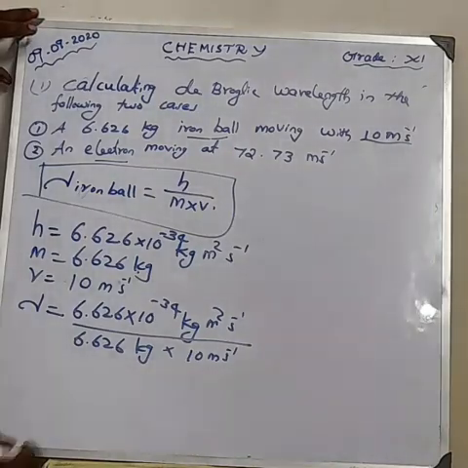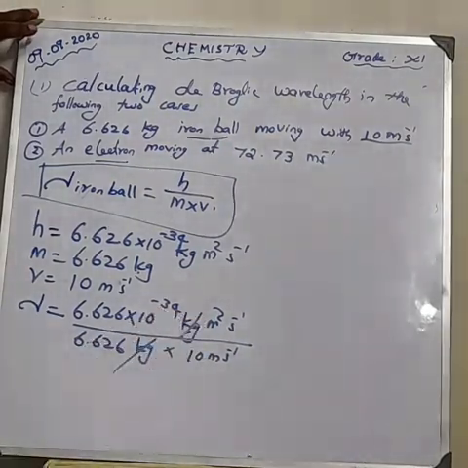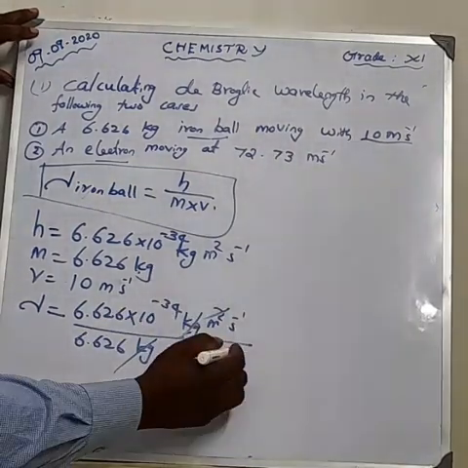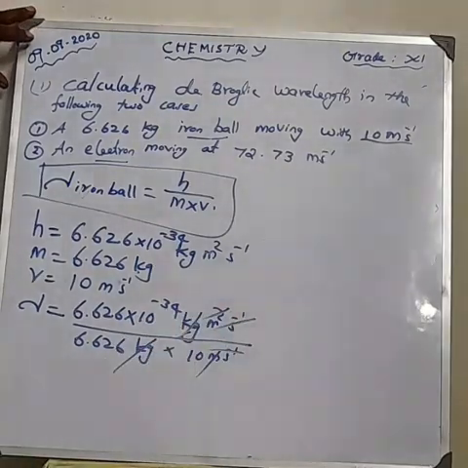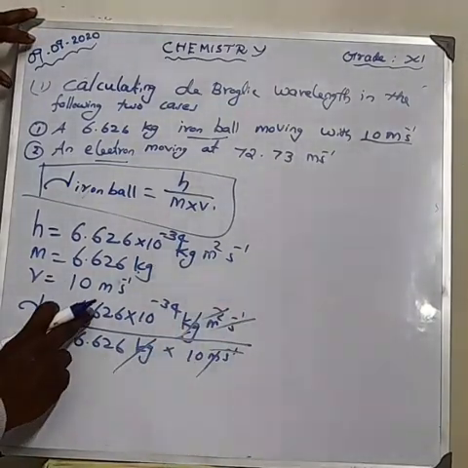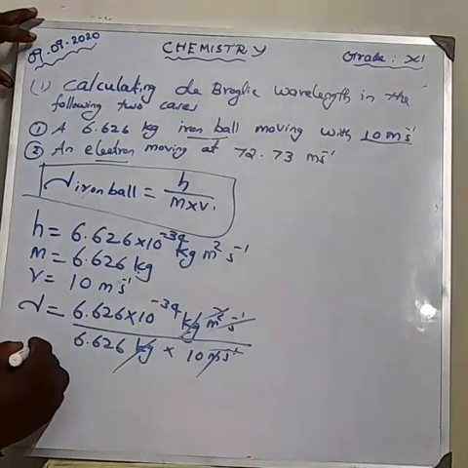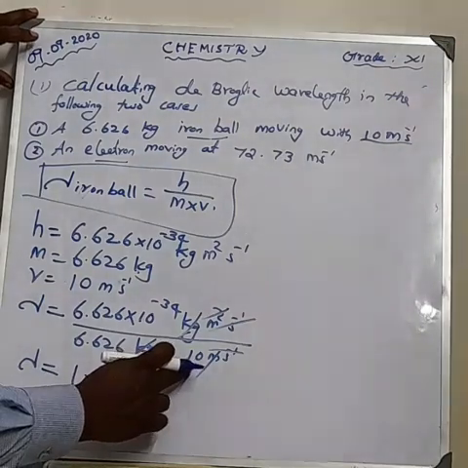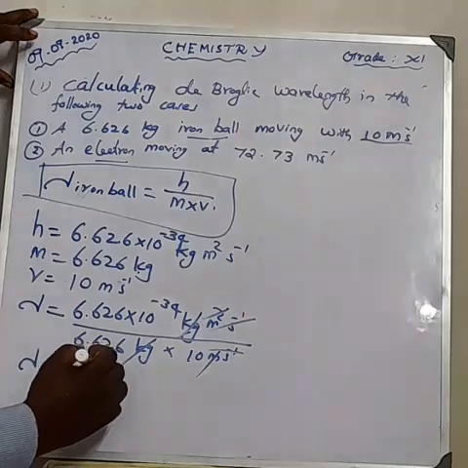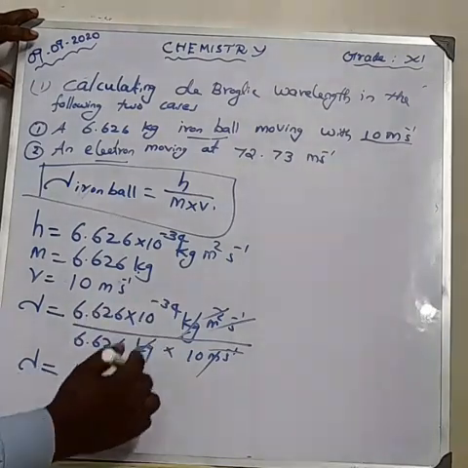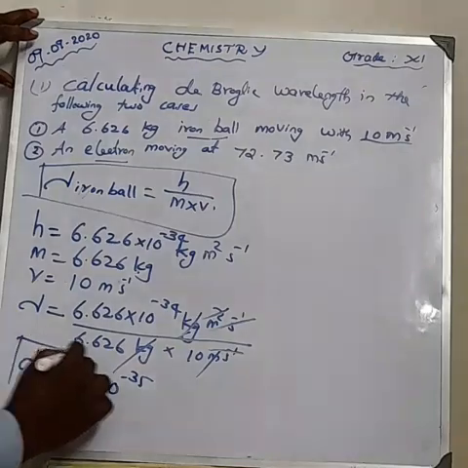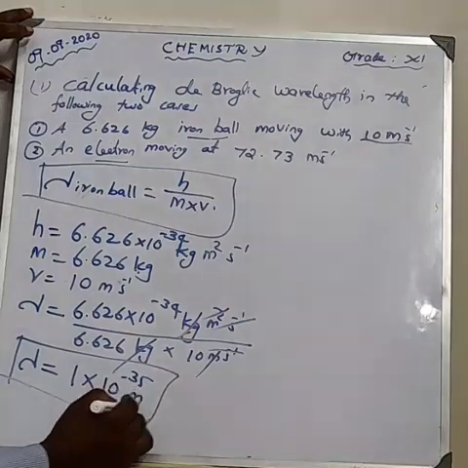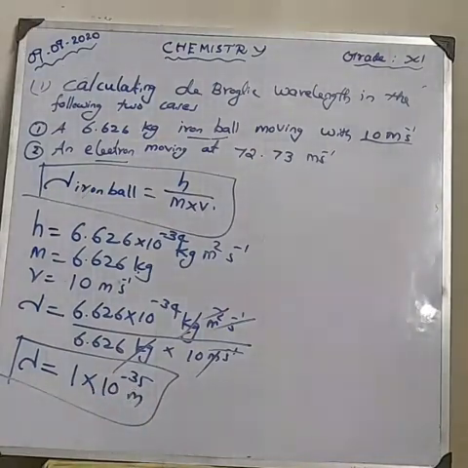Kilogram, m and second inverse can be cancelled, and this term is converted to 1. So lambda is equal to 1 into 10 to the power minus 35 meter. This is the answer. Clear? Can you write the first one?